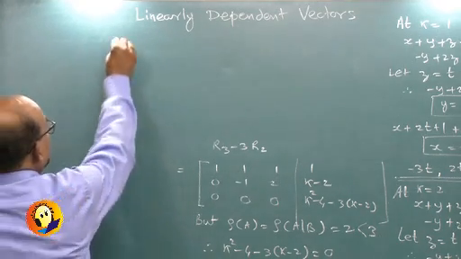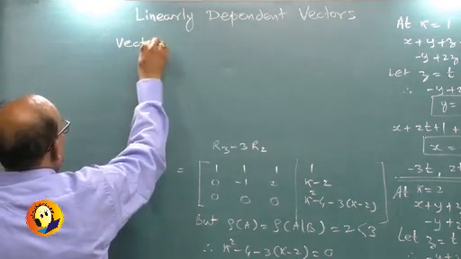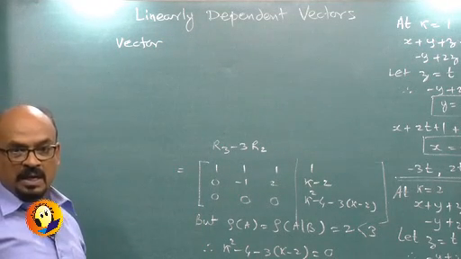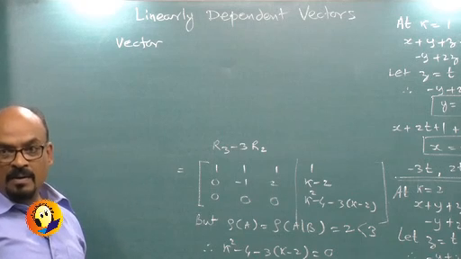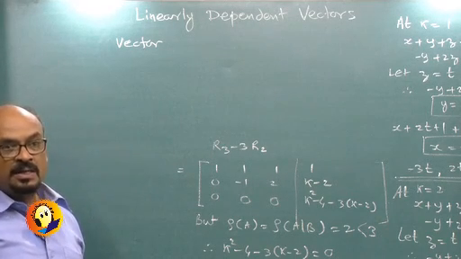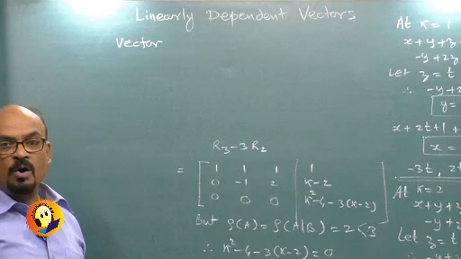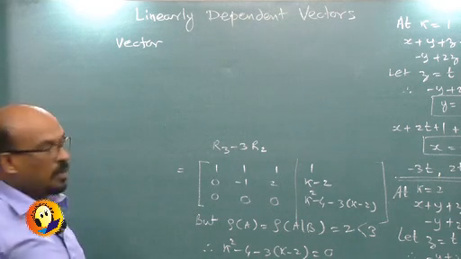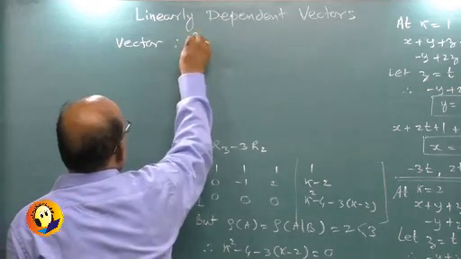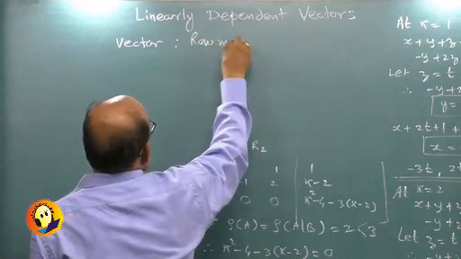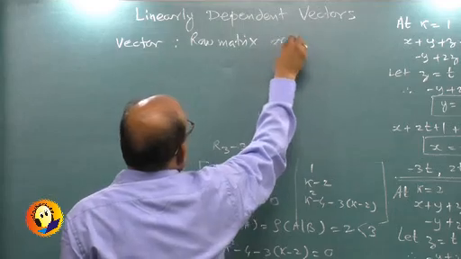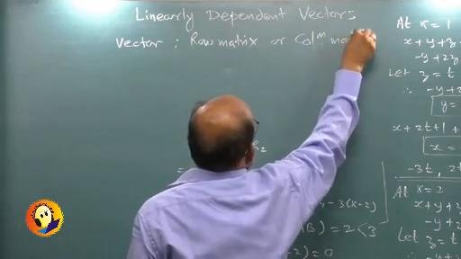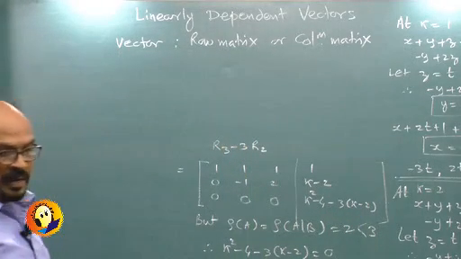Now first of all, what is a vector? The vector that you might know is something like 4i plus 3j plus k and so on. But vector terminology in matrix is nothing but the row matrix or the column matrix. It will be just a linear set. Okay, so vector is row matrix or column matrix. That will be termed as a vector.